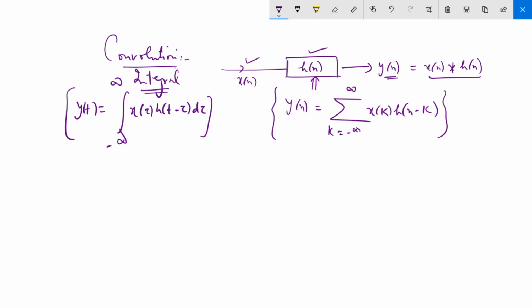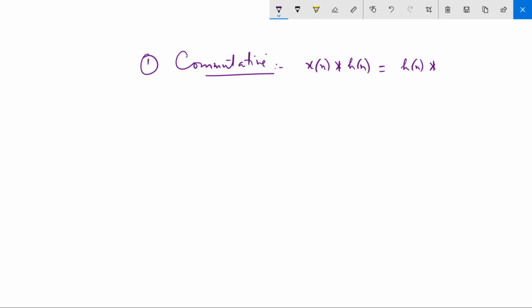Okay, now there are certain properties of convolution. The first is commutative. Okay, so the commutative property simply means that the convolution of x[n] with h[n] is the same as the convolution of h[n] with x[n].